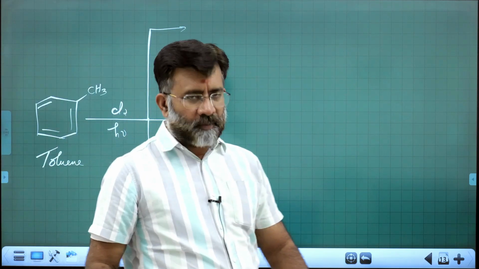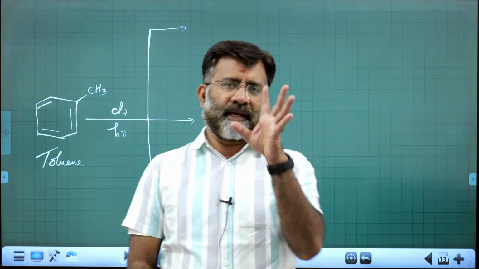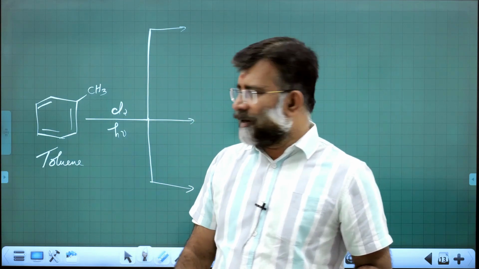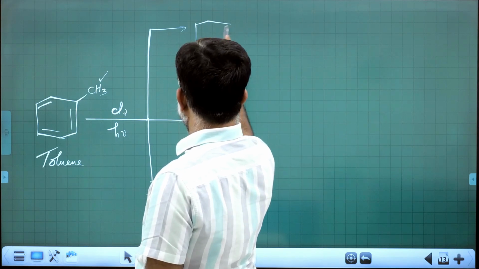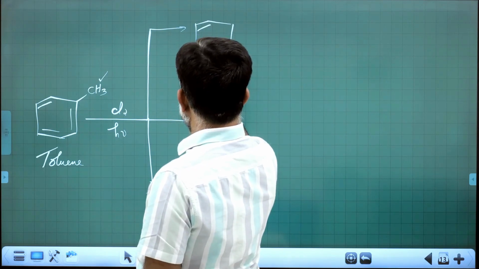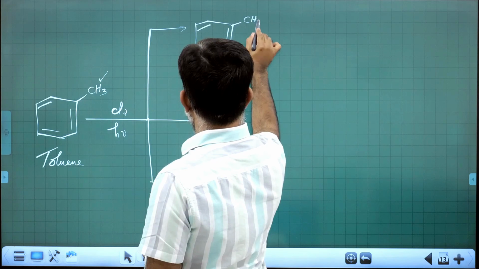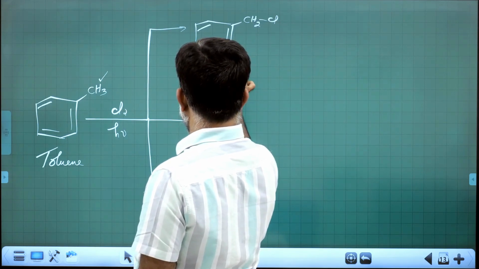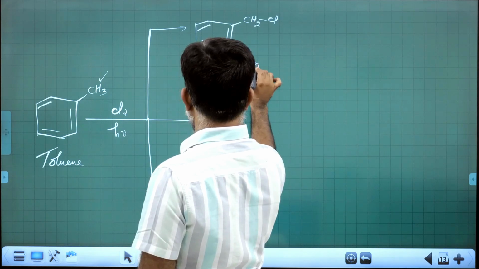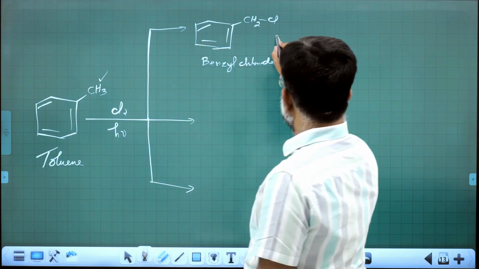In fact, primarily there are three substitutions possible. Number one, one of the hydrogen atoms is replaced by chlorine, where you get the so-called benzyl chloride. This is called benzyl chloride. And what will happen upon hydrolysis?